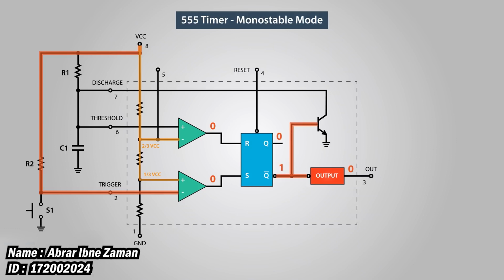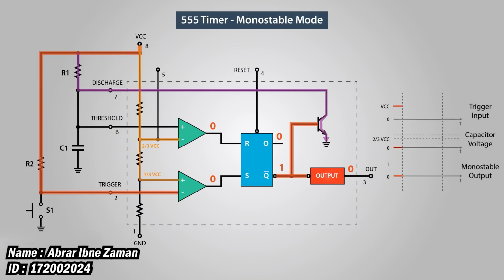The threshold pin is actually low because the Q bar output of the flip-flop is high, which keeps the discharging transistor active. So the voltage coming from the source is going to ground through the transistor. In order to change the 555 timer output state to high, we need to press the push button on the trigger pin.